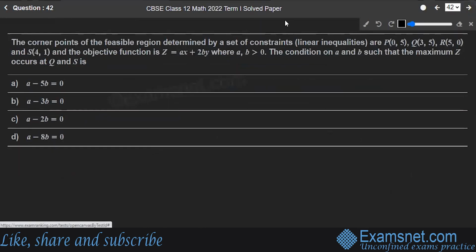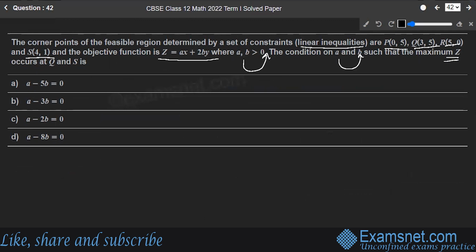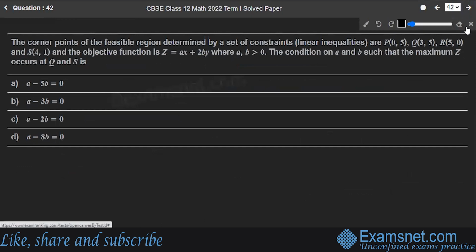The corner points of the feasible region determined by the set of linear inequality constraints are P, Q, R, S, and the objective function is this, where a and b are greater than 0. The condition on a and b such that the maximum z occurs at Q and S is given by. So in this question, you have to maximize z, which is ax plus 2by.